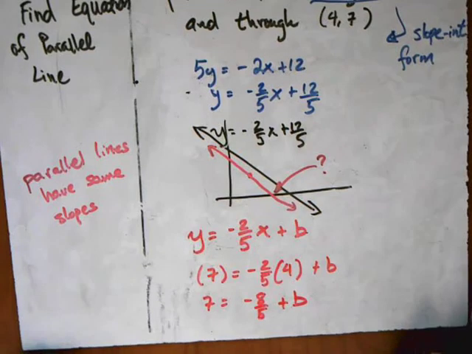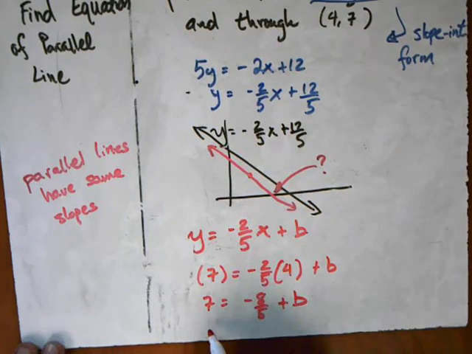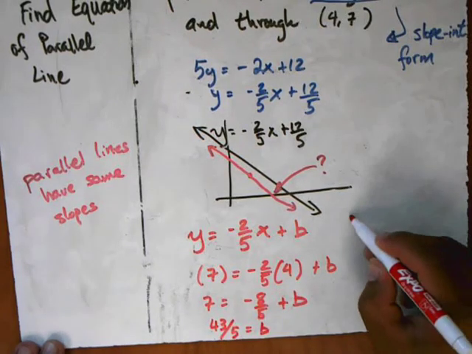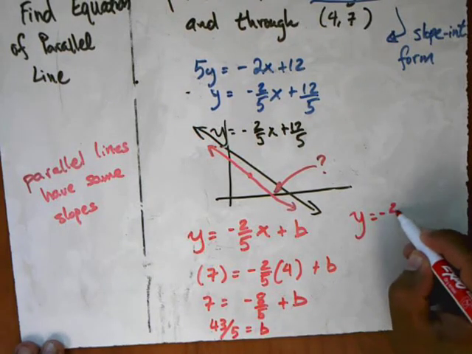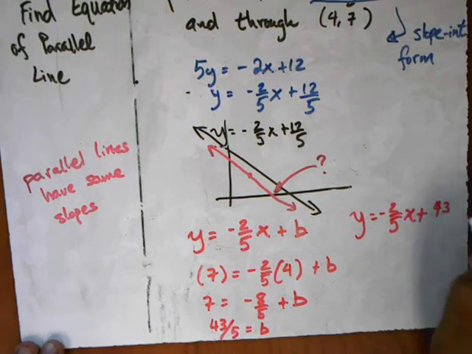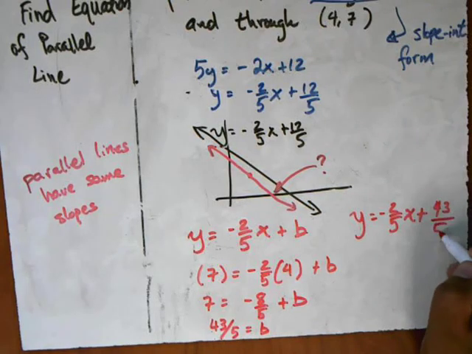Add 8/5 to both sides, and 43/5 is equal to b. So that means the equation for that red line is y equals negative 2/5 x plus 43/5.